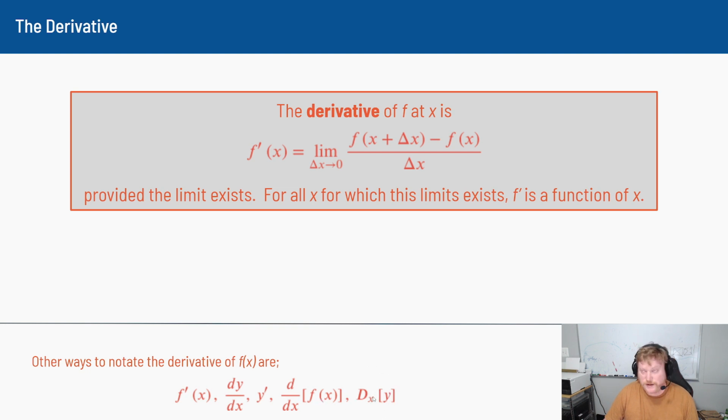And this one is not used as much in our class, but in higher level mathematics classes like multivariable calculus, where you're taking the derivative of a function with respect to multiple variables multiple times, this would be read as the derivative of x, the derivative of y with respect to x first. So we won't see this last notation in this class very often, if ever, but do be familiar with the other four.